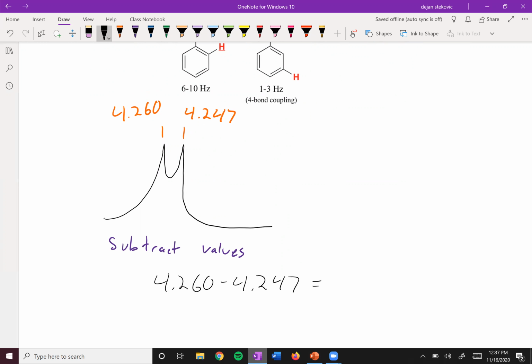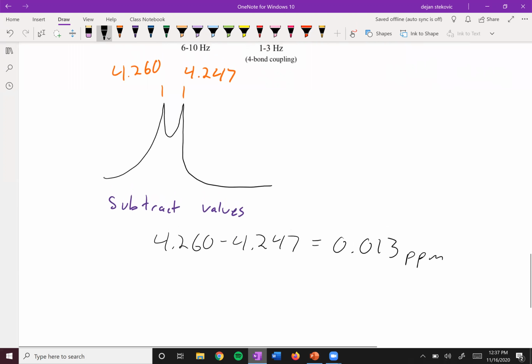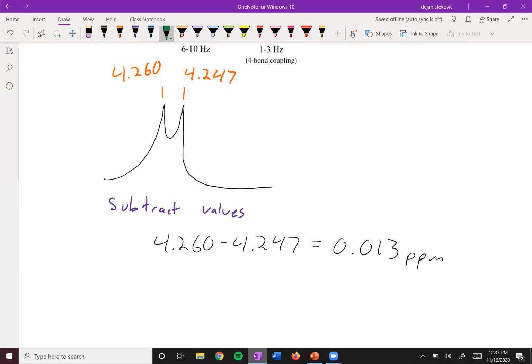So here we would get 0.013 ppm. And then all you do is you take this number and you multiply by the megahertz of your NMR.